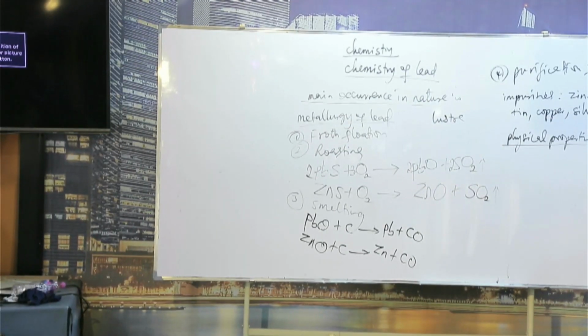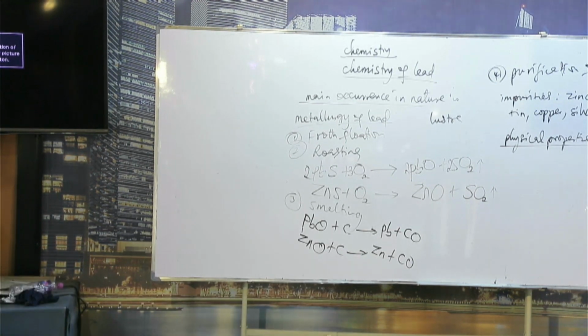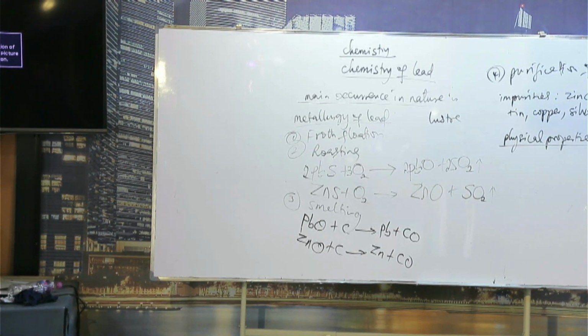So metals are generally hard, but some are soft. Can you think of any metal that is soft you can cut with a knife? Yes, the alkali metals. Lithium, sodium, potassium, rubidium, and cesium. They are soft.